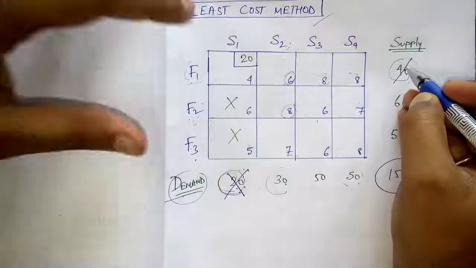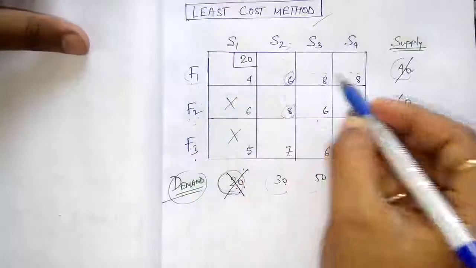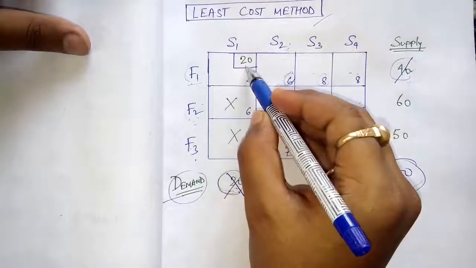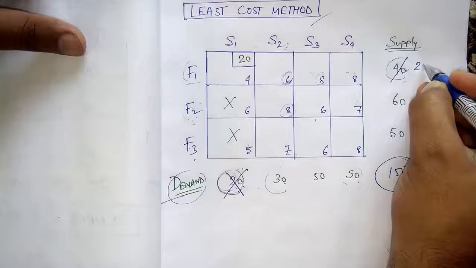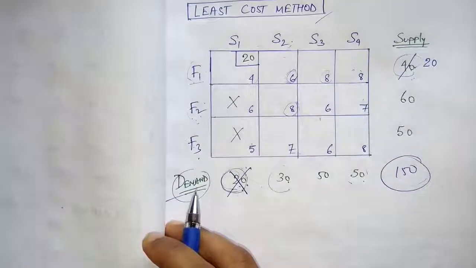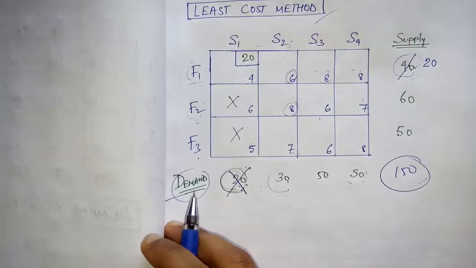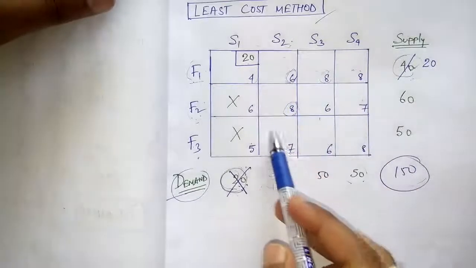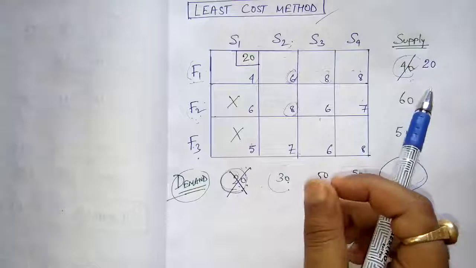Initially, how many goods could factory 1 supply? 40. But now it has given 20. So how many goods are left? 20. Okay, very easy.